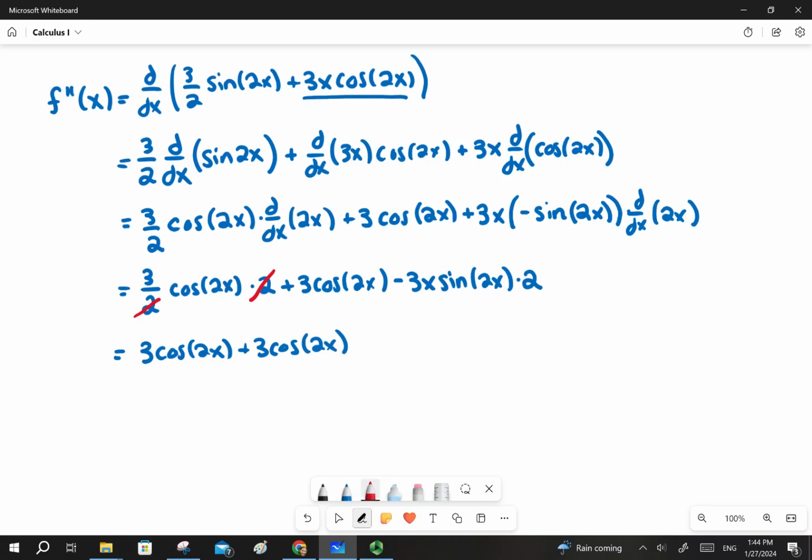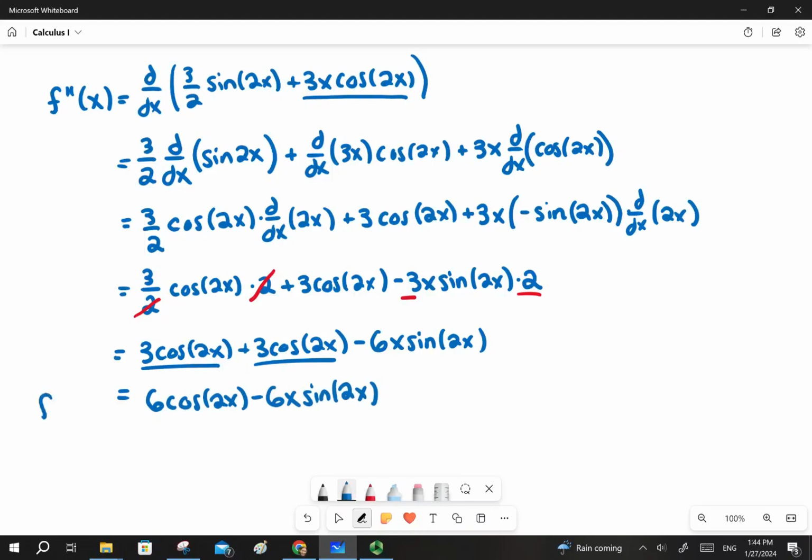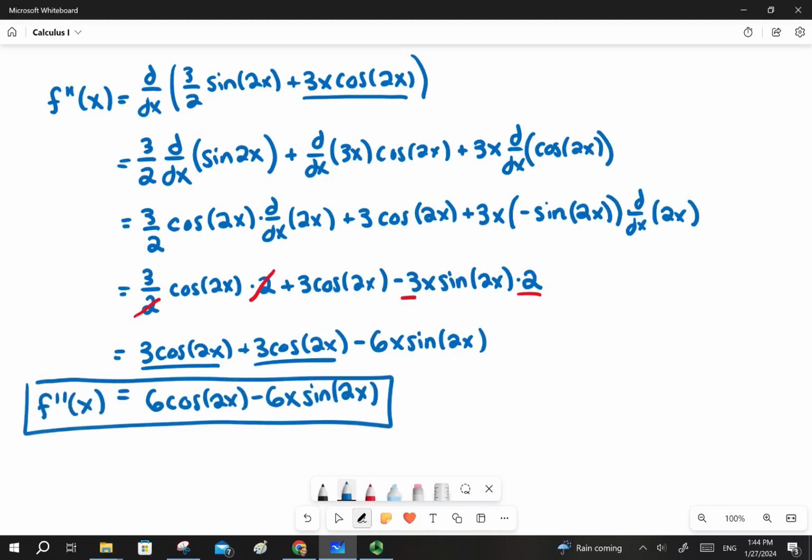And then for my third term, I'm just going to combine the 2 and the 3 together. So 2 times 3 is 6, x sine of 2x, and then combine like terms. I have 2 copies of 3 cosine 2x. So I end up with the same answer as before, which is that the second derivative is 6 times cosine of 2x minus 6x times the sine of 2x.